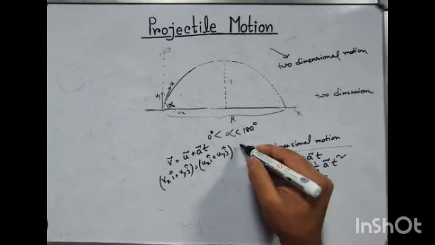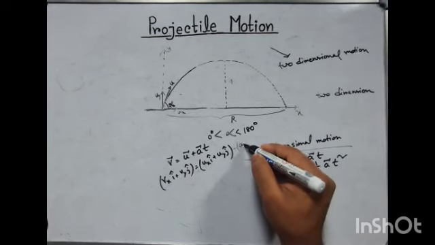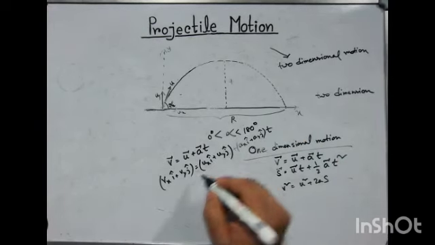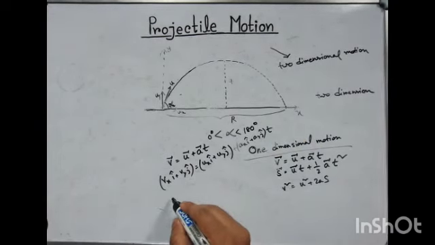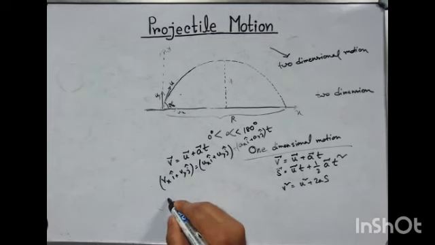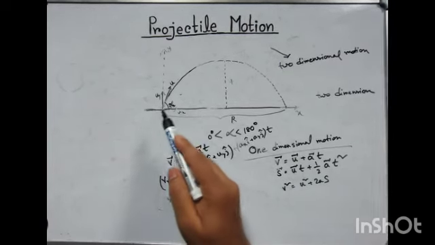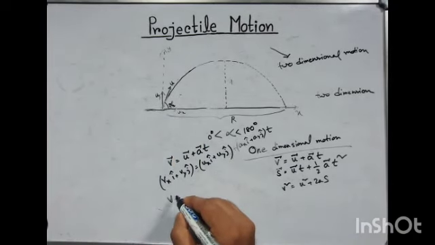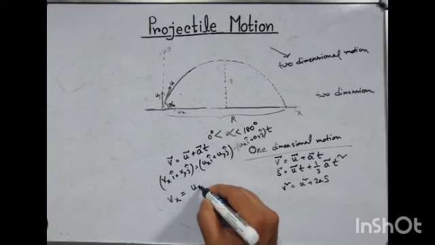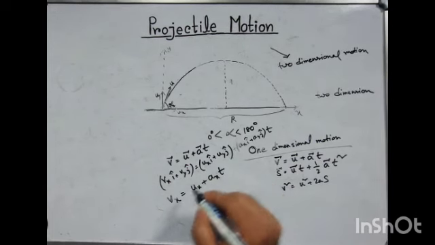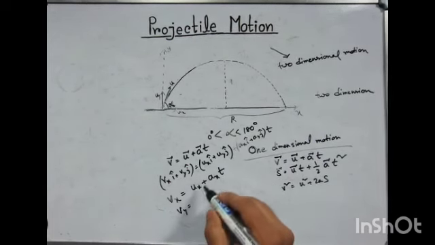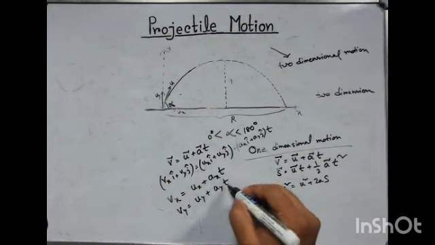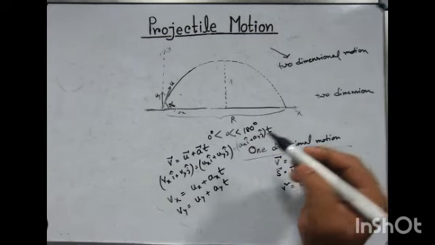Similarly, a vector will also have 2 components, ax i cap plus ay j cap, into t. So I can divide this equation, since i cap and j cap are independent, so I can say vx equal to ux plus ax into t and vy equal to uy plus ay into t. So we got two equations from these vector equations.